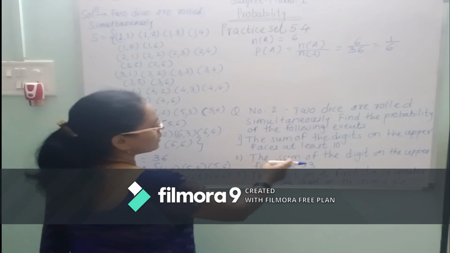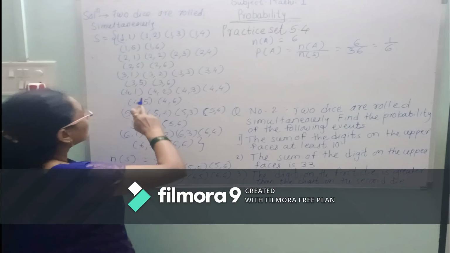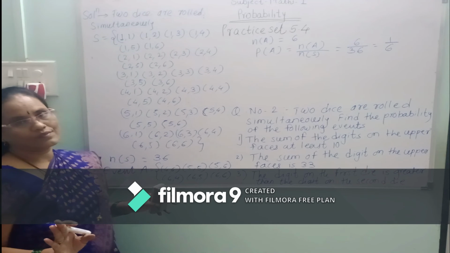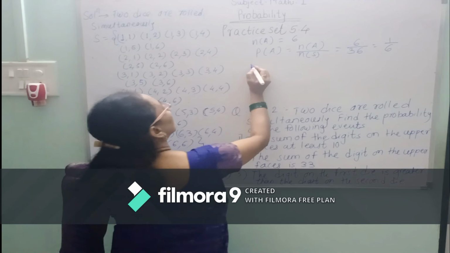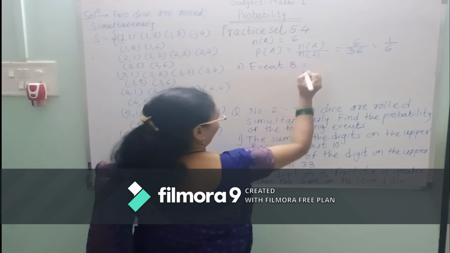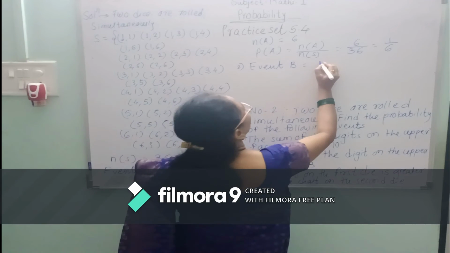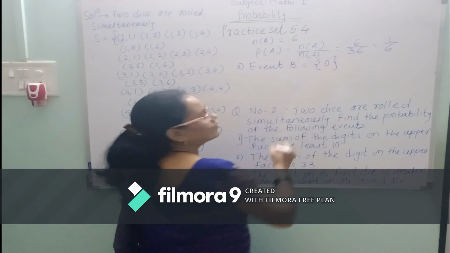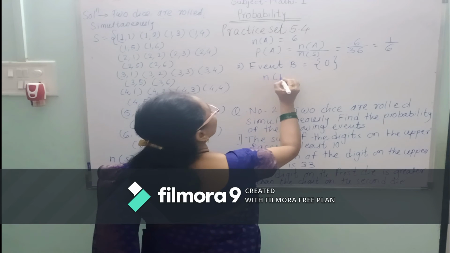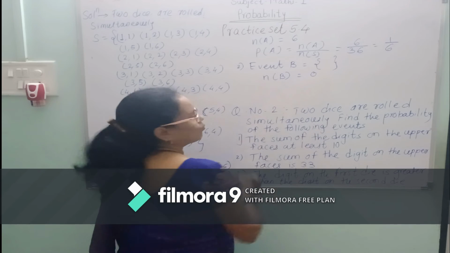Then event B: the sum of the digits on the upper faces is 33. This is not possible, since no sample point gives a sum of 33. So event B is empty and the number of points in B is 0.